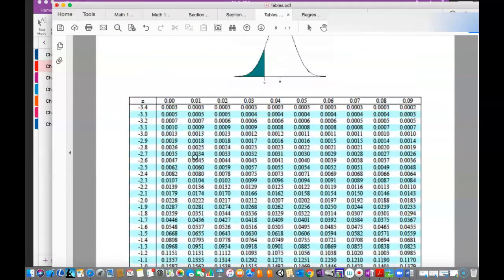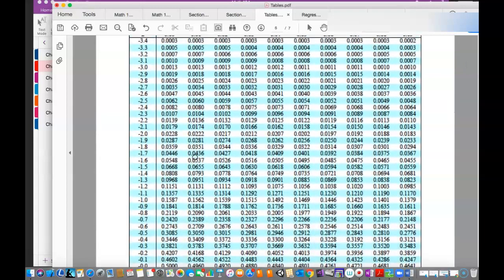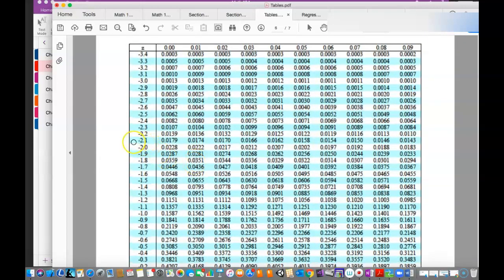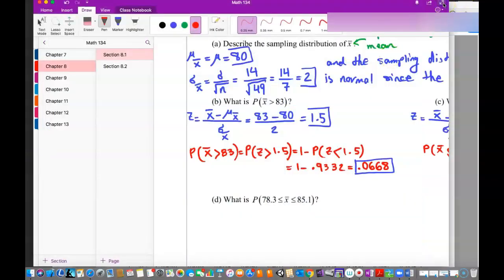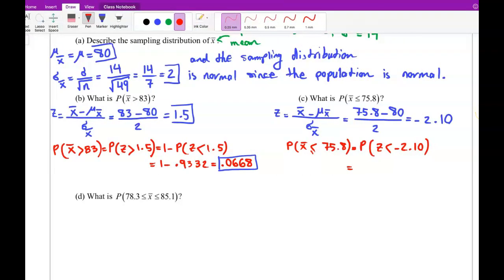We have negative z. So negative 2.1, and here is 0. Adding these two, we have negative 2.10. So in the body of the table, the answer is 0.0179. So the answer is 0.0179.